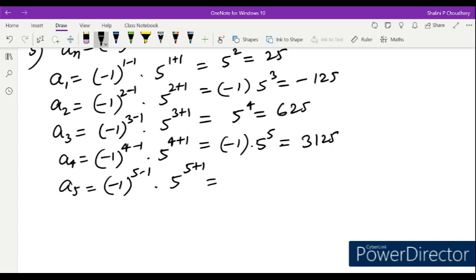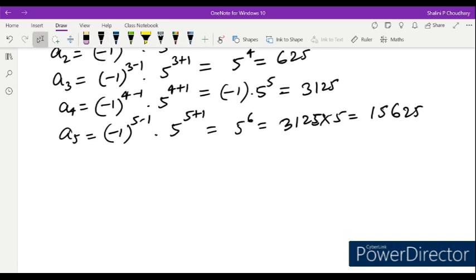Now next is minus 1 to the power 5 minus 1, that will be plus 1, and 5 to the power 6. 5 to the power 6 will be equal to 3125 into 5. So this will be 15,625.